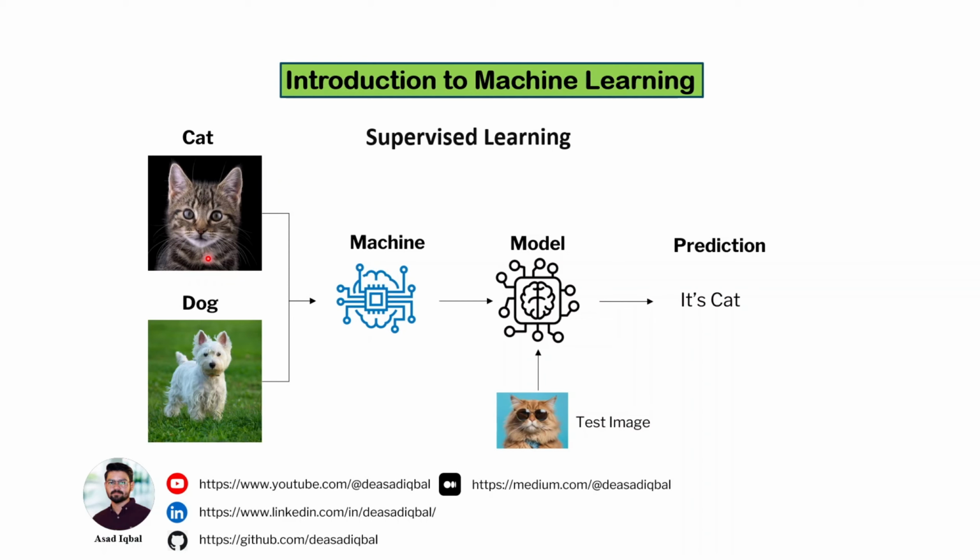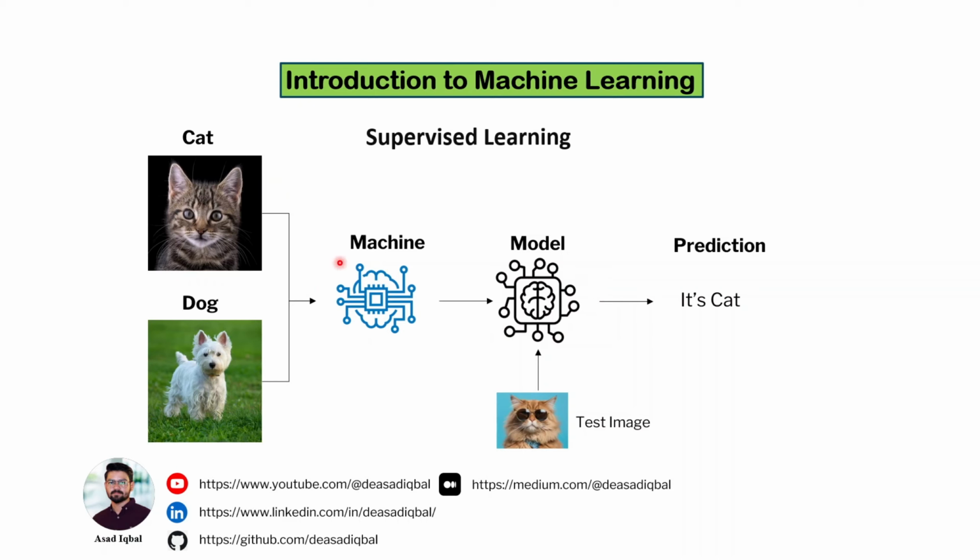First we will provide this dataset of cats and dogs to the machine, and the machine will basically understand the images, such as size, tail, shape of the cats and dogs, eye colors, and height of the cats and dogs, and then the machine will learn each of these things from the input data. After the training we will have one model.